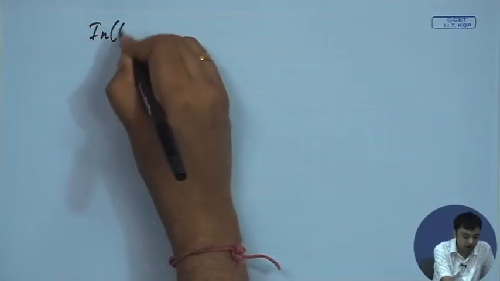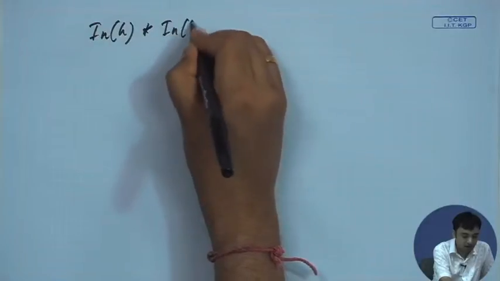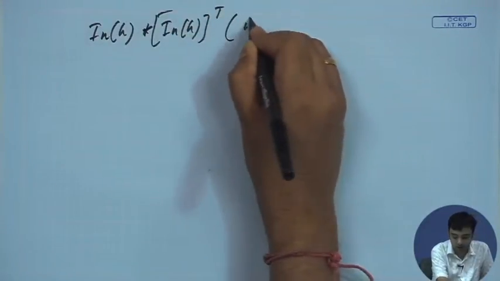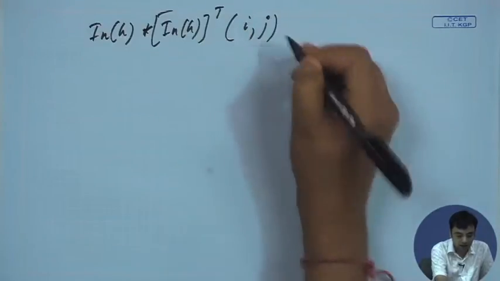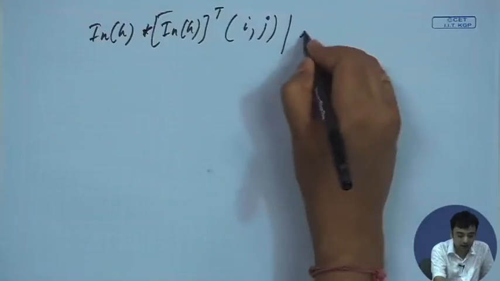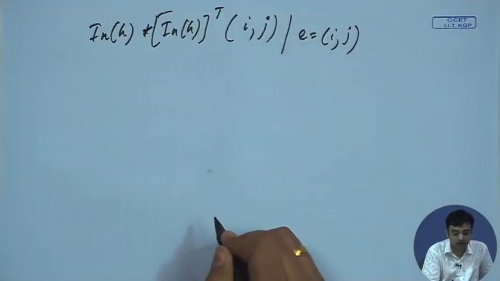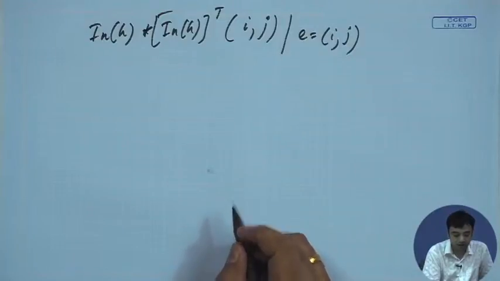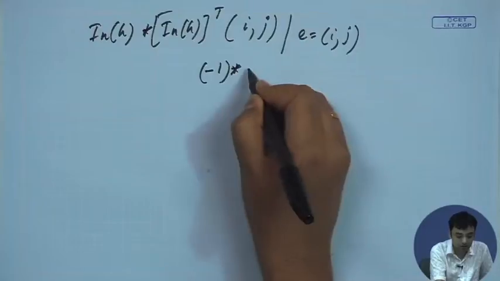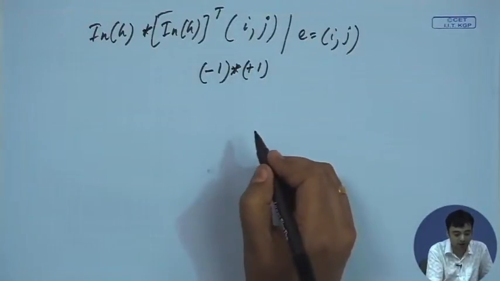So, now again consider Ing times Ing transpose, but now i and j are such that there is an edge between i and j. If there is an edge between i and j, then what will you have? Either -1 into +1 or +1 into -1.